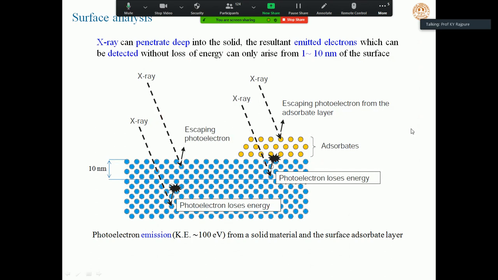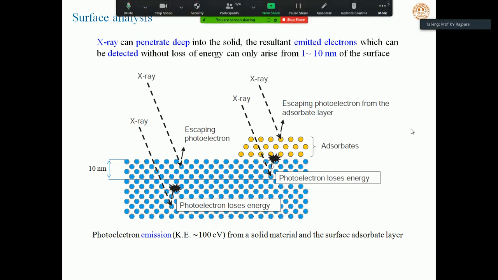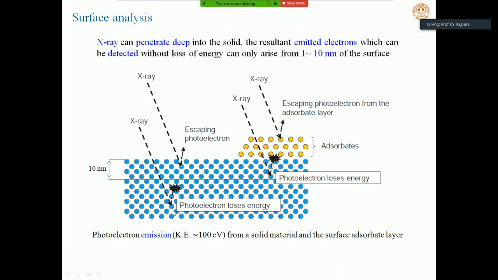What is the depth, and why is it called a surface analysis technique? XPS is called a surface analysis technique. When we illuminate a material with high energy radiation, X-rays for example, the X-rays can penetrate far into the bulk of the material, and there photoelectrons are generated.